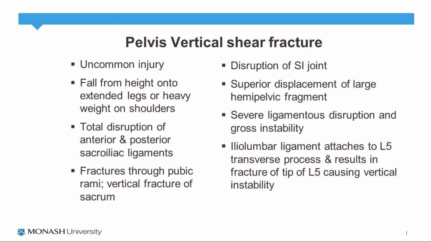There could be superior displacement of large hemipelvic fragments and severe ligamentous disruption and gross instability. It's important to remember that the iliolumbar ligament attaches to the L5 transverse process, and it results in a fracture of the tip of L5, which causes vertical instability.